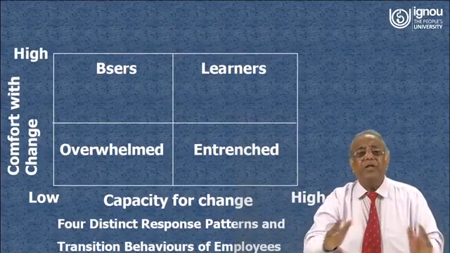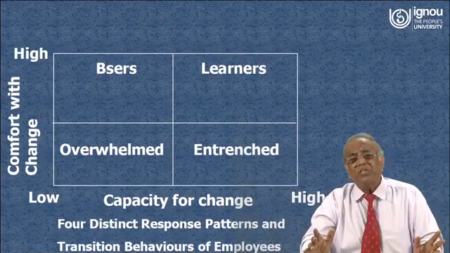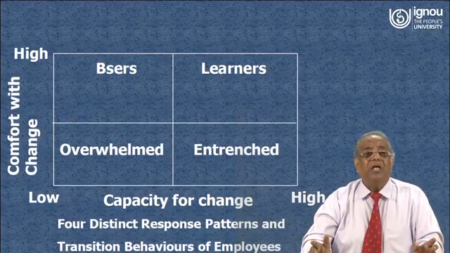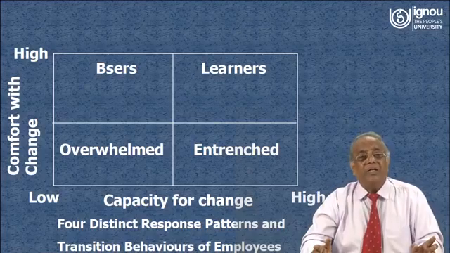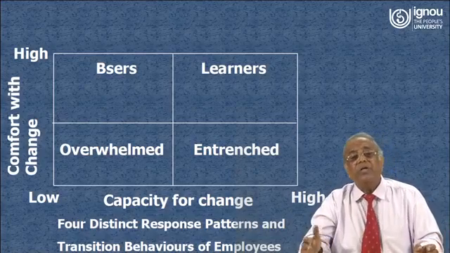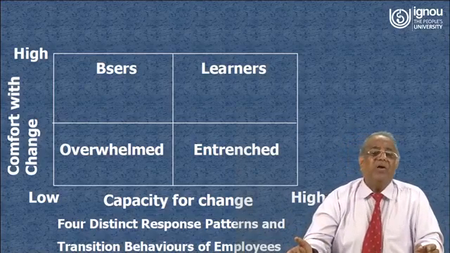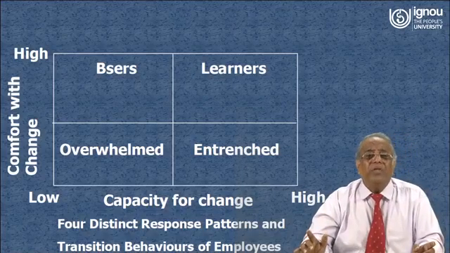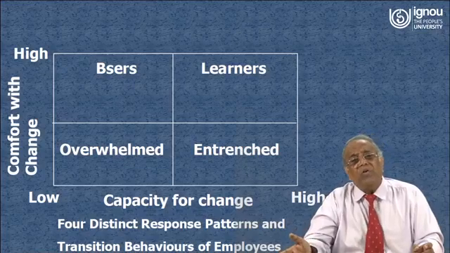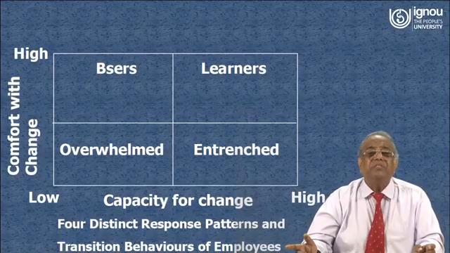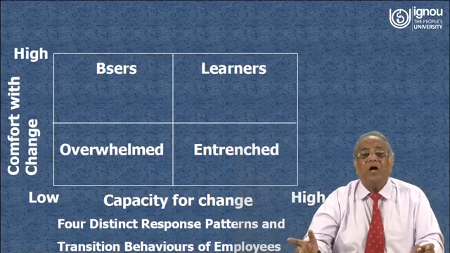Now, these are depicted in this diagram, the 4 distinct response patterns and transition behavior of employees. See, the horizontal axis depicts capacity for change, which may be extremely low or extremely high, and the vertical axis shows comfort with change. Now, if the capacity for change is low and comfort with change is also low, then the employees' behavior is known as overwhelmed.